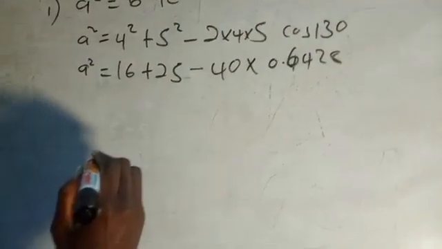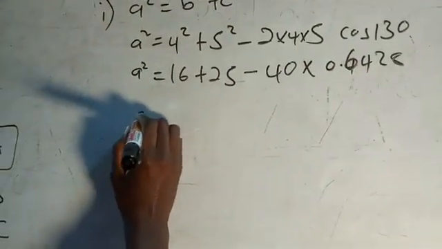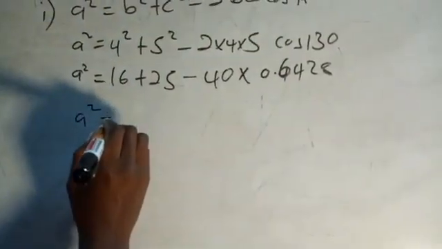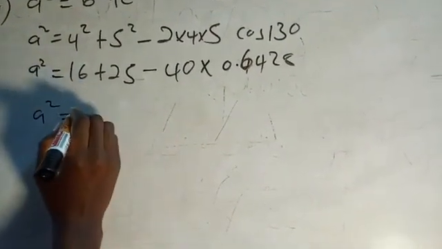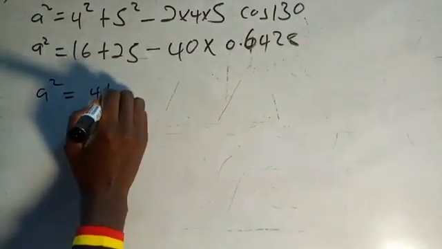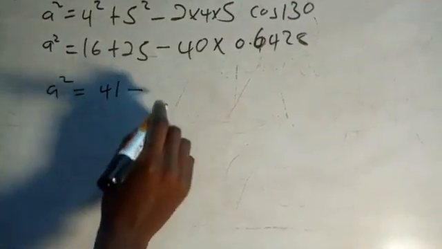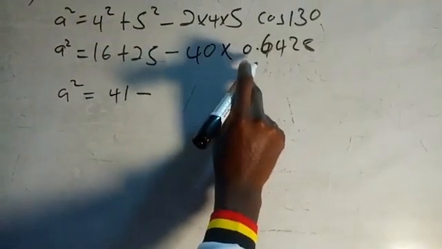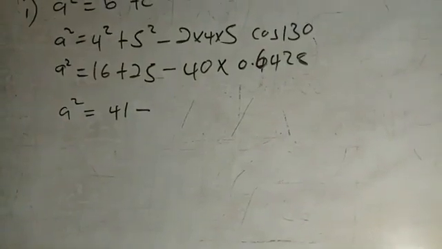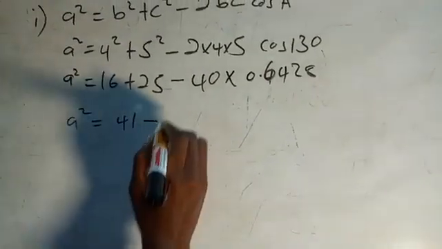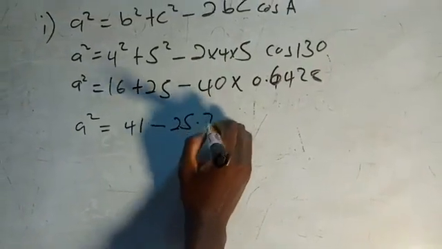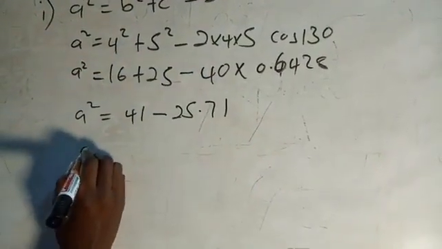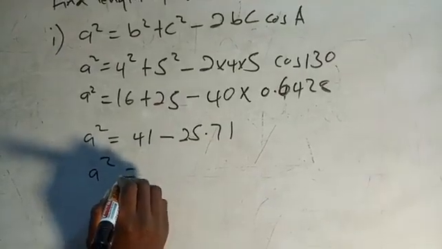When we solve it, a squared equals 16 plus 25 equals 41, minus 40 times 0.6428 equals 25.6 71.